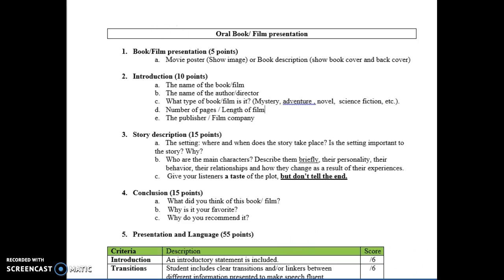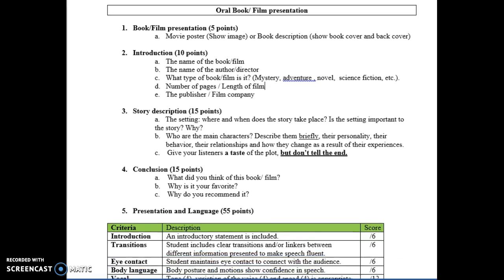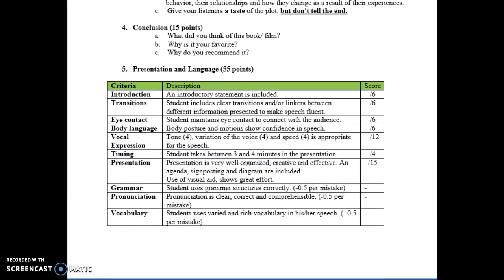In terms of presenting, we're going to have a checklist. Some of these criteria are similar to the ones that you had already used for the YouTube video, so you know how it works. You have to have an introductory statement when you're presenting. Use transitions. Show eye contact.